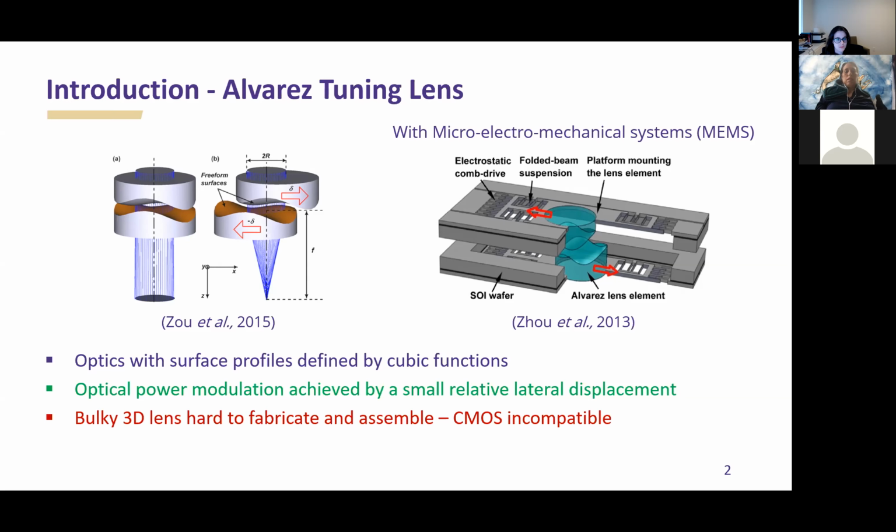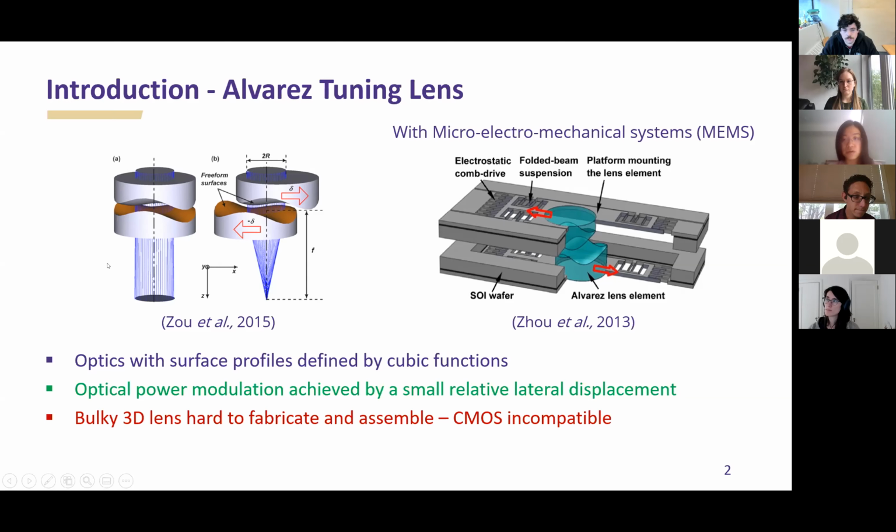And an interesting approach for creating a miniature lens system with tunable focus is based on Alvarez lenses, which is shown here. The left-hand side shows the typical design of an Alvarez lens system, which usually contains a pair of optical elements with complementary cubic face profile. You can see 2 pieces of them.